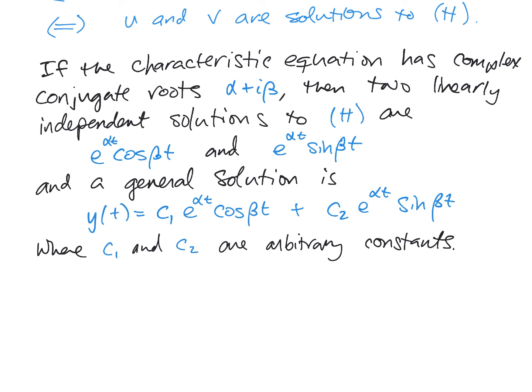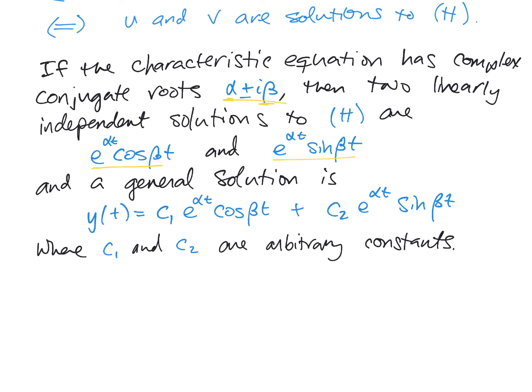So if you have the situation where the characteristic equation to our homogeneous equation H has two complex conjugate roots, alpha plus or minus beta i, then the way that we find our two linearly independent solutions is given by these formulas, e to the alpha t cosine beta t and e to the alpha t sine beta t, where you get the alpha and the beta from the roots of the characteristic equation.